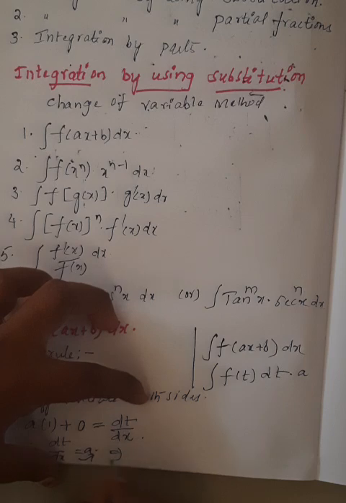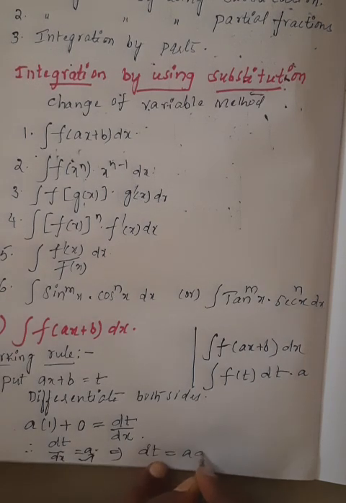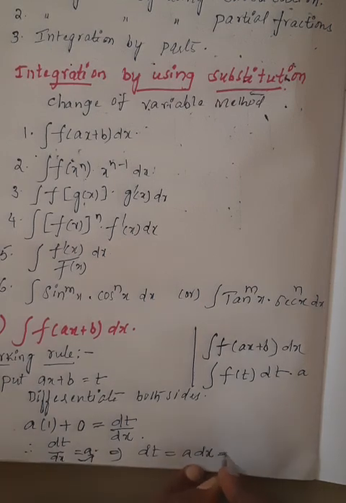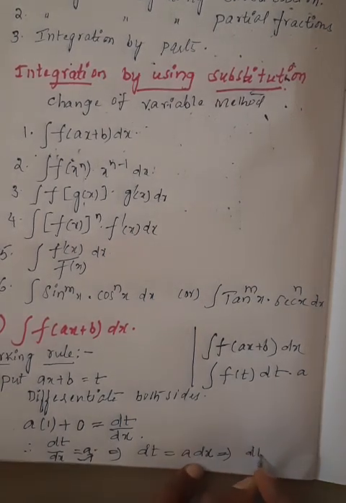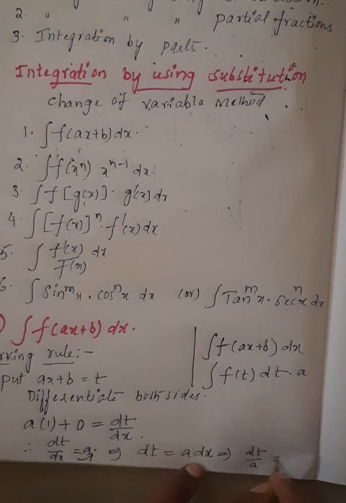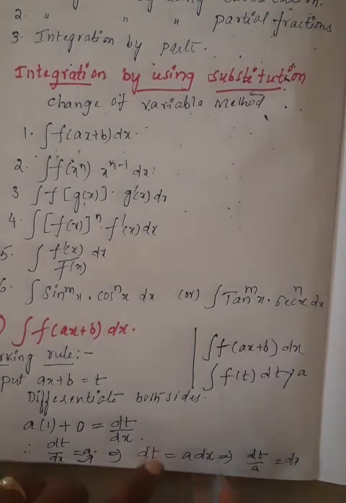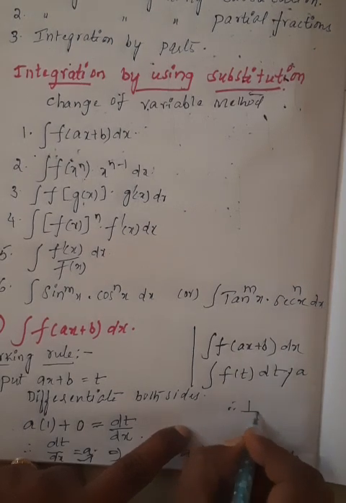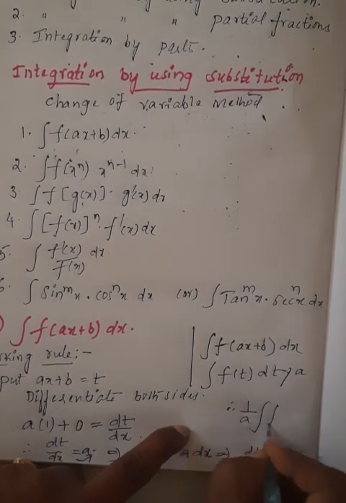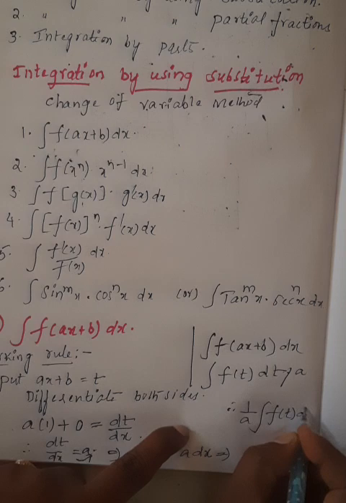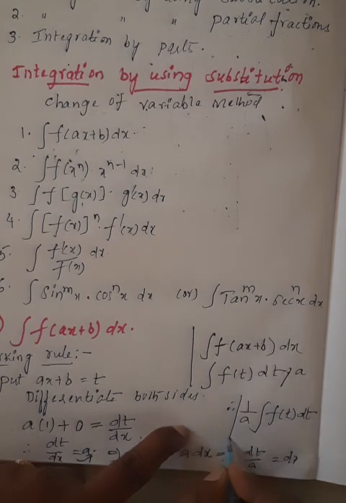From this, dt is equal to a into dx, which implies dt by a is equal to dx. Therefore it will become dt by a. Therefore 1 by a integration of f of t dt is in the standard form.